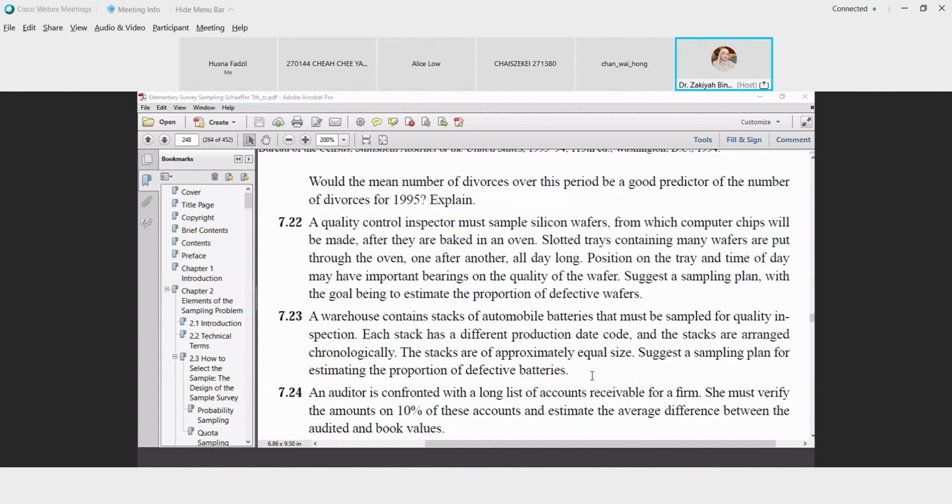Can, right? Because in stratification we also learn that for each stratum, you can randomly select either by using SRS or you can also use systematic sampling within each stratum itself. So one possibility is to treat the stacks as strata and then systematically sample from each stratum, to cover the time period of interest.